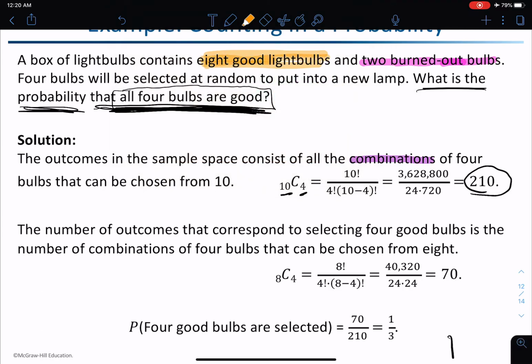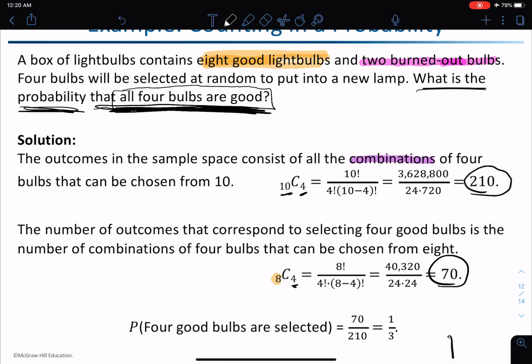So we have 8 good bulbs to pick from, and we want all 4 of them to be good. So we have 8 choose 4. And when we run through that, we get 70 different groupings, different ways of picking 4 good bulbs from 8.